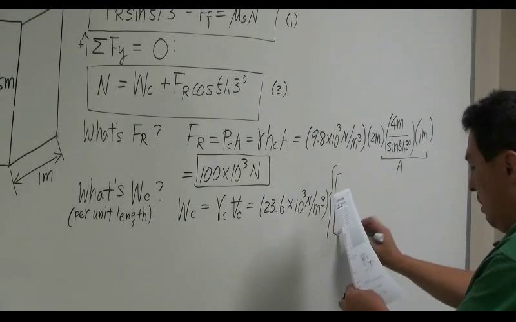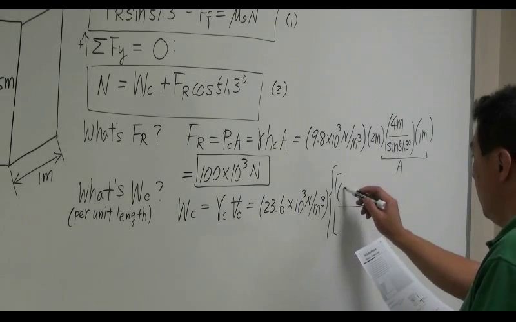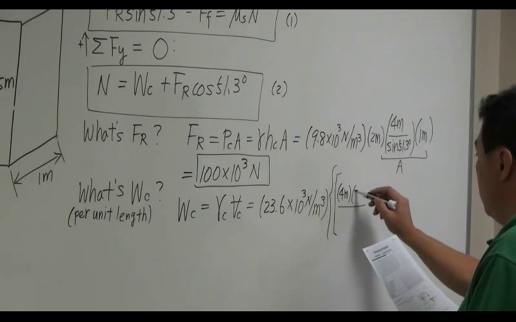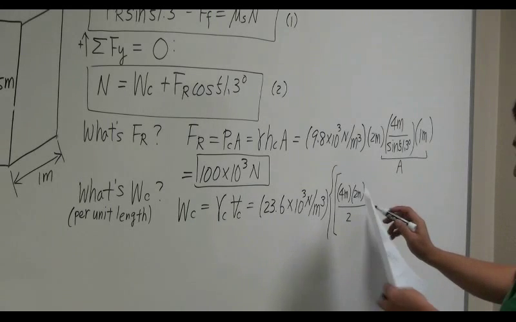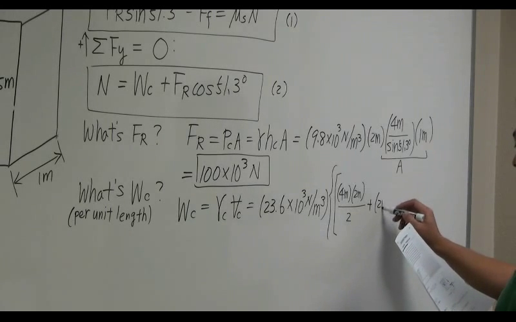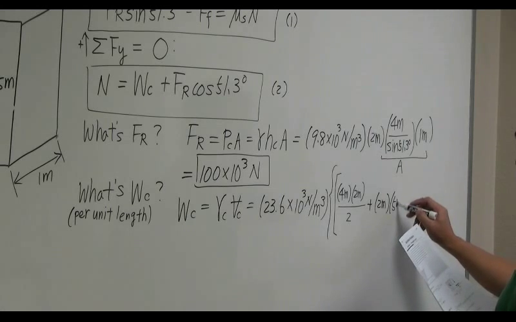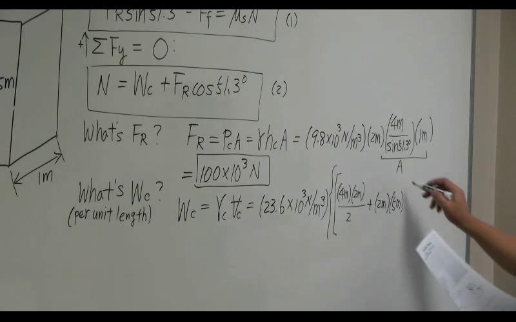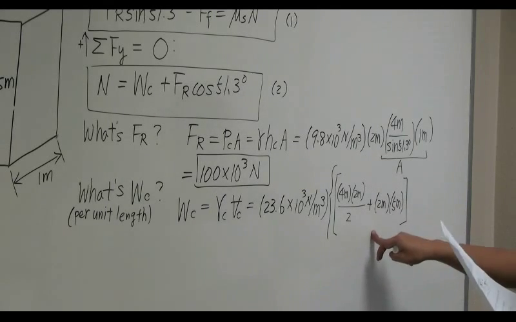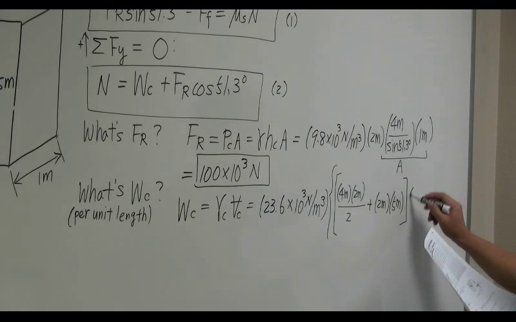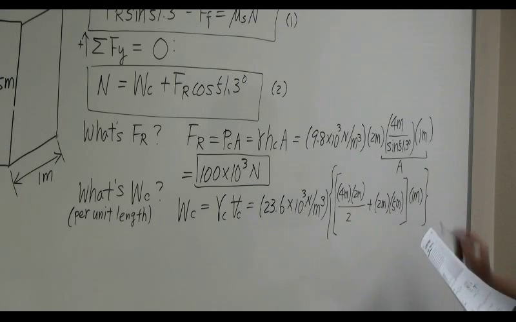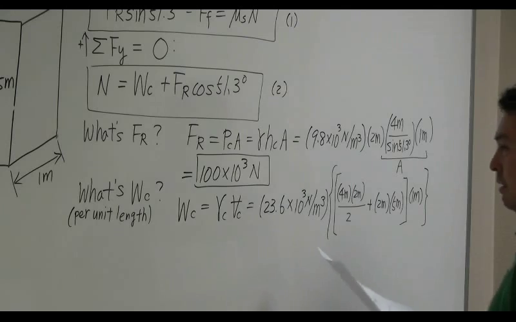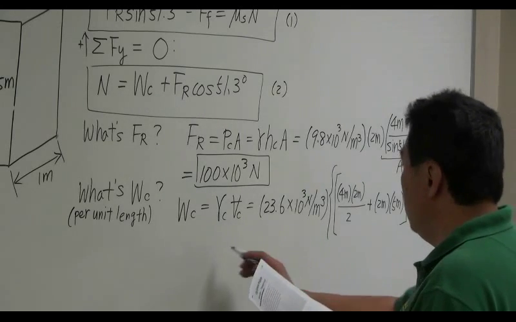So first of all, 4 meter by 2 meter divided by 2. This is the area of triangle, plus 2 meter times 5 meters. This is area of rectangle. So this is the cross-section area of concrete multiplied by unit length 1 meter. So this is going to be weight of the concrete.